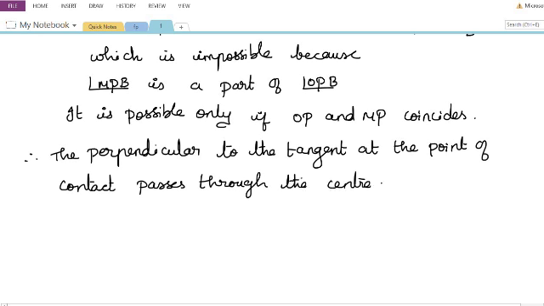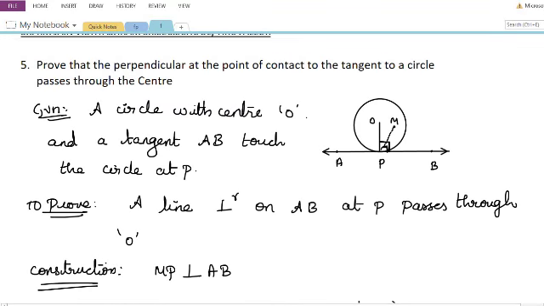So what did we prove? I will explain once again. We have just drawn a circle, and they said that the perpendicular at the point of contact to the tangent to the circle passes through the center. So we have to prove that this perpendicular line passes through the center.